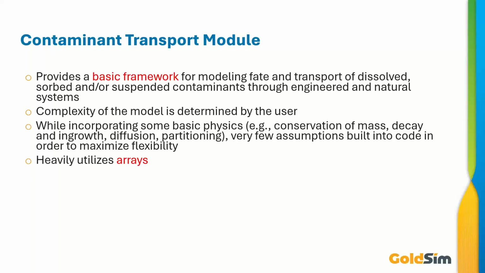It certainly incorporates some basic physics, conservation of mass. You can do decay, and if you have the radionuclide transport module, you can do decay and ingrowth, diffusion, partitioning, but it's intentionally very, very flexible. So there's not a lot of other assumptions built into it.